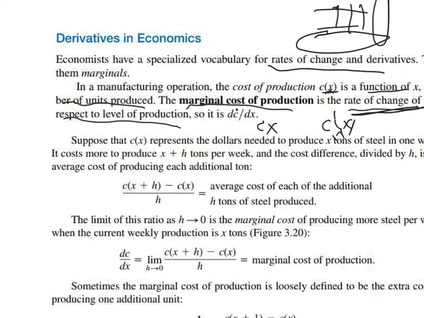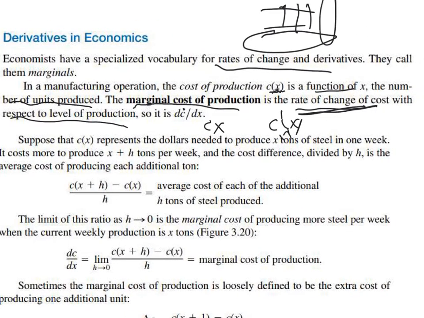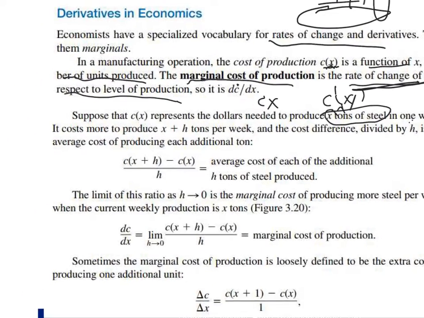Okay, nice. Suppose that C of X represents dollars needed to produce a certain number of tons of steel in 1 week. So there is a certain cost to produce a certain number of tons. Let's say you always produce 25 tons of steel, whatever you're doing, and so that's going to have a C of X. That's going to have a cost for that 25 tons of steel, let's say.